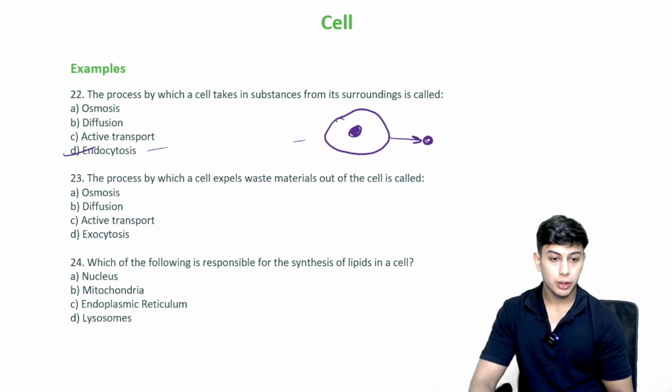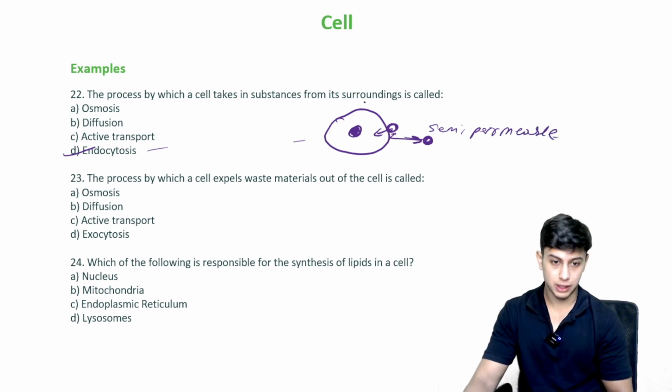It will move closer to the food. This food will come inside the cell membrane because it is semi-permeable, which means it allows certain objects to pass through, and you will get this food.